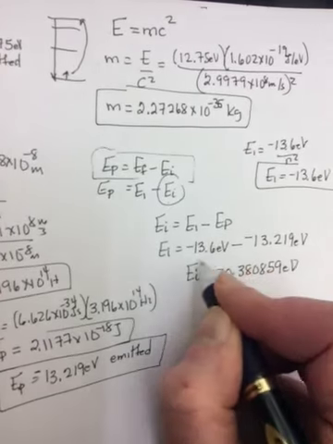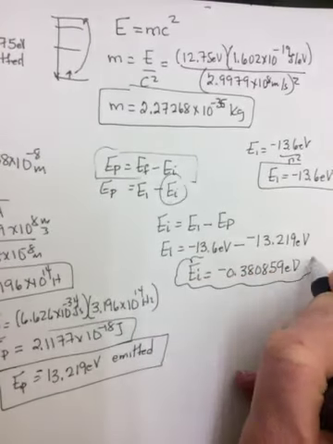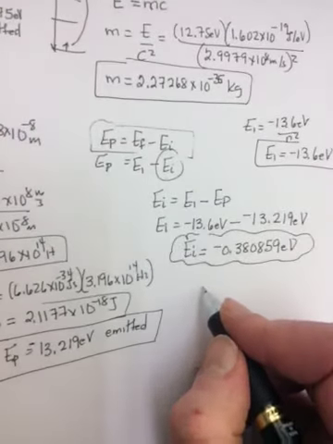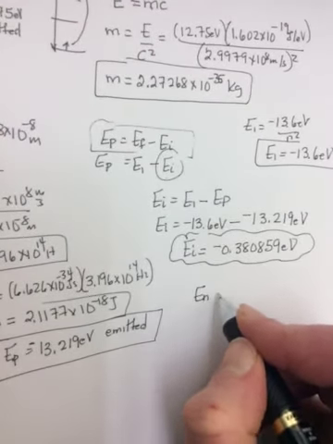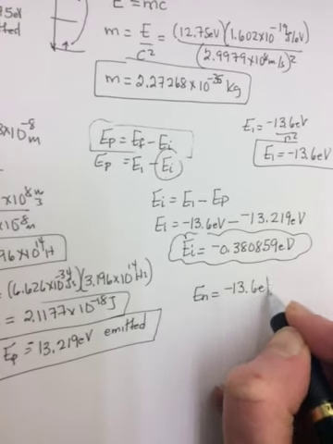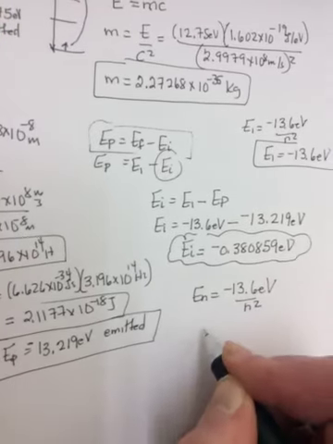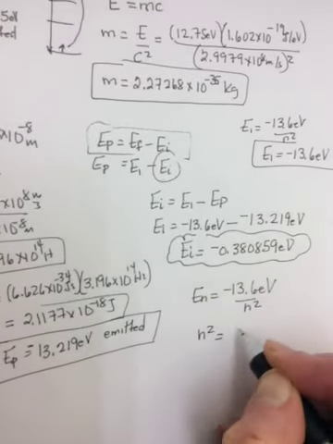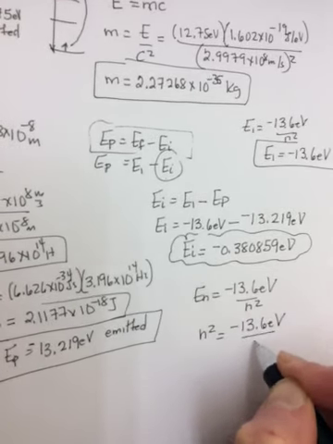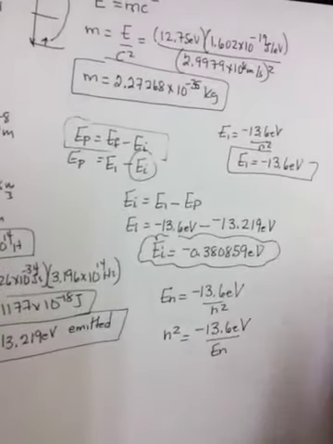And so E initial is going to end up being negative 0.380859 electron volts. So that's the energy of the level that it fell from, but the question wants to know what the level was. So you go back to Bohr's equation, E_n equals negative 13.6 electron volts over n squared. And so n squared is equal to negative 13.6 electron volts over E_n.